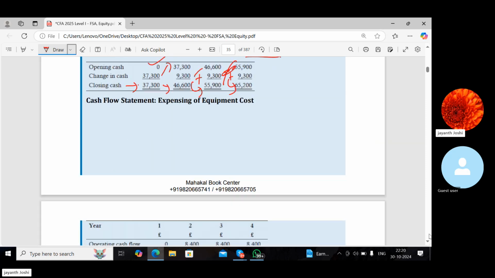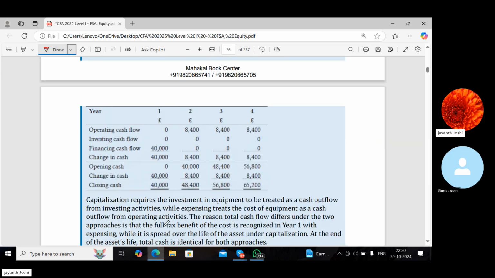If we expense the equipment, what happens?